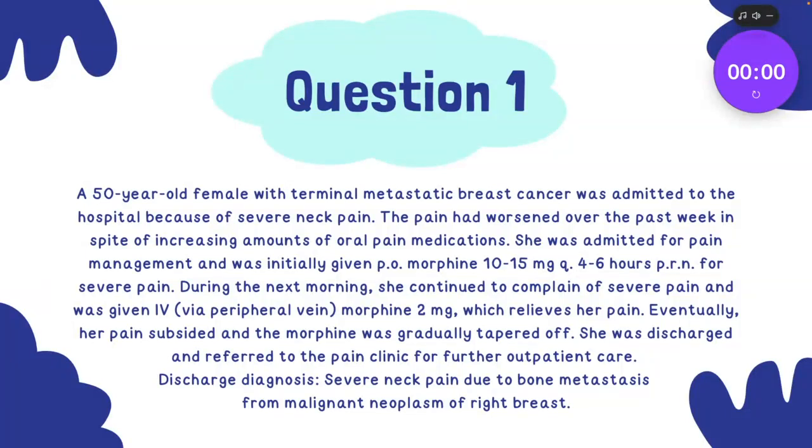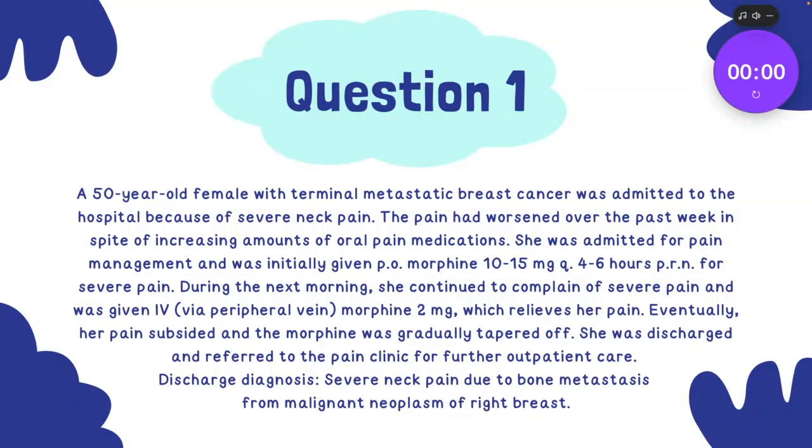So during the next morning, she continued to complain of severe pain and was given IV morphine, 2 milligrams, which relieves her pain. Eventually, the pain subsided. The morphine was gradually tapered off. She was discharged and referred to pain clinic for further outpatient care.